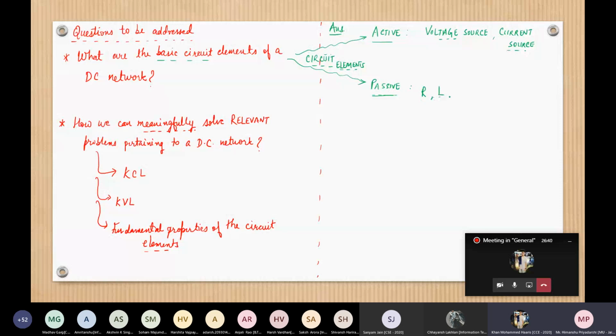Although you have L, you have C also. Now what differentiates them? Active elements are those that supply energy, and passive elements are those elements which consume energy. Very good. That difference is very clear, and even if it is not clear, it will become clear in course of time.